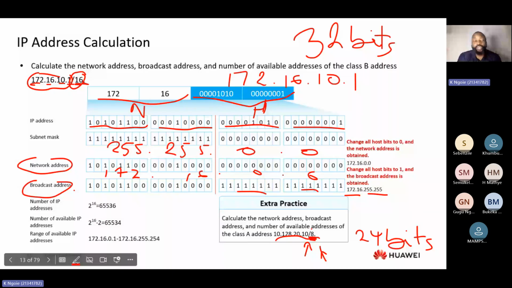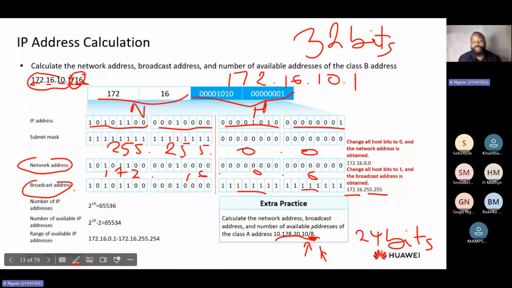So these 2 IPs will be reserved. The broadcast IP is the address which can be used to send a message to all the hosts in the subnet.